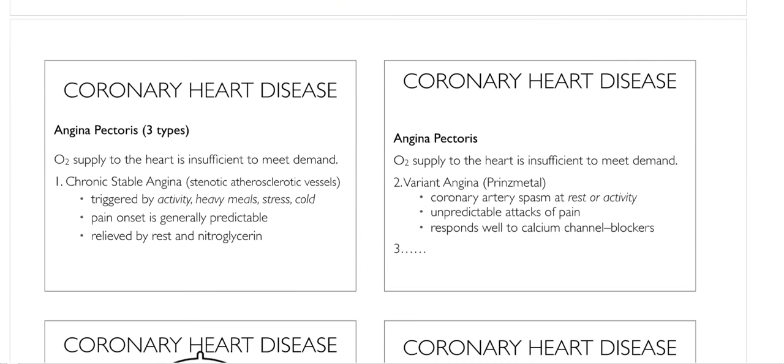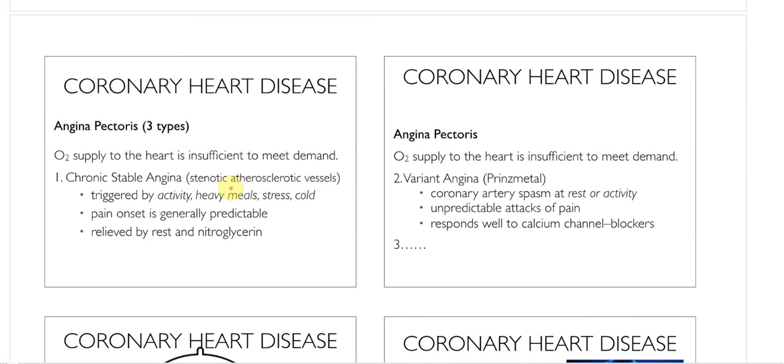So that stable plaque, stenotic atherosclerotic vessels, over time they build up and make it difficult for enough blood to get pumped through the blood vessels. So in times, say, where we have increased activity, or perhaps times where we're cold and blood vessels have shrunken a little bit, or vasoconstricted, that is.